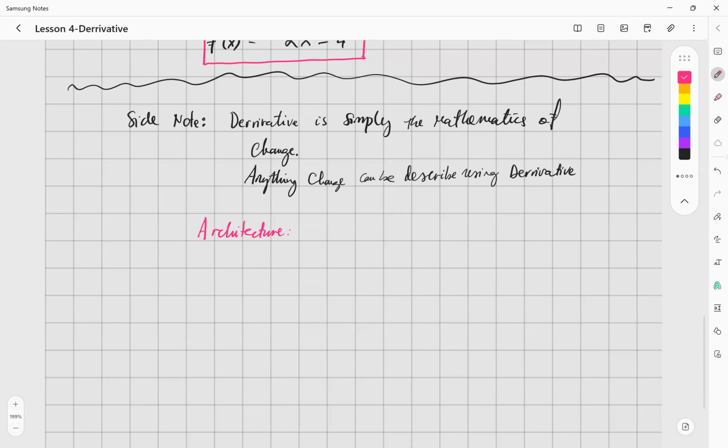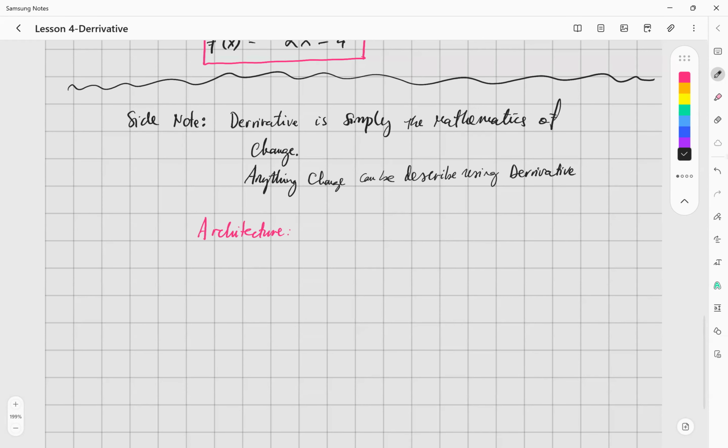But think of something that is changing always, very fast, like in a second, in a minute, in an hour, in architecture. When we open or close our doors and windows.